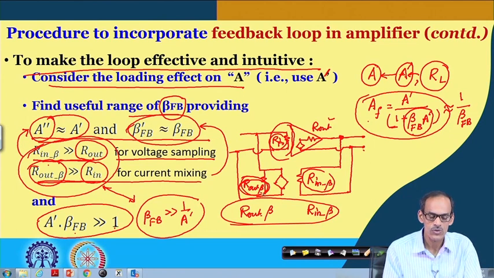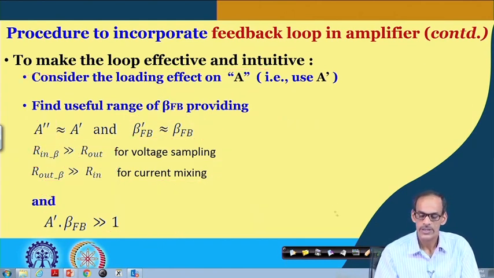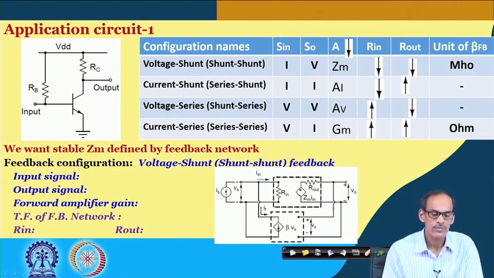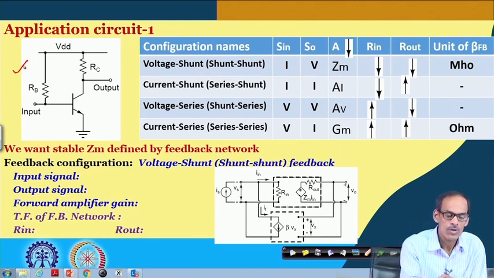I think this will be very clear once you consider one practical circuit. Probably I do have the practical circuit in the next slide. Yeah. So, here we do have one application circuit shown, which is a common emitter amplifier.